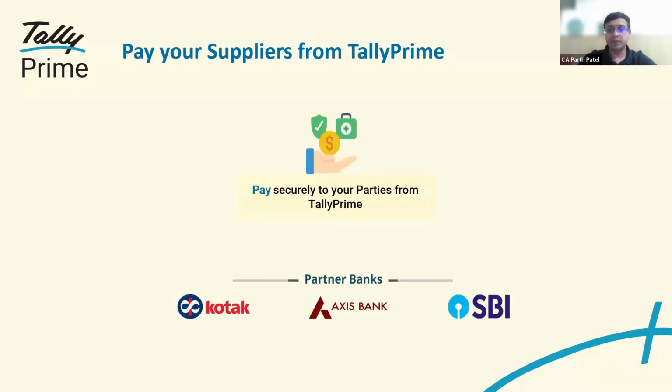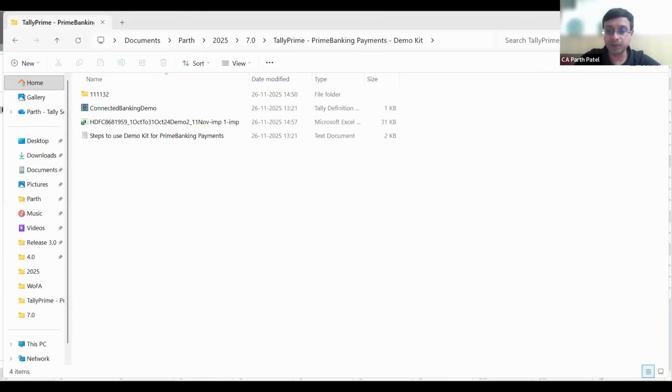Currently, with the partner banks Kotak, Axis, and SBI, you'll be able to process the payments from TallyPrime itself, right? Now let's go to TallyPrime. Let's understand how these experiences will help you, your clients, and essentially how they will help your auditing process so that it becomes absolutely seamless for you, right?